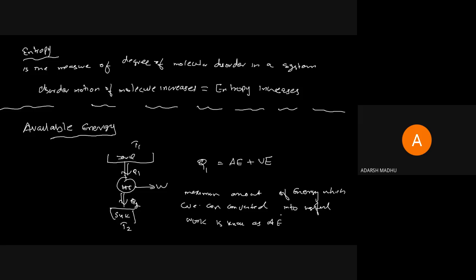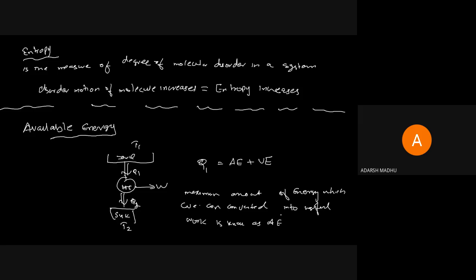Means what is availability? Available energy and availability is a very important term. Availability is the maximum amount of work which we can obtain from a system at any state P1, T1, operating with a reservoir at a constant pressure and temperature P0 and T0, its final condition being the atmospheric condition.